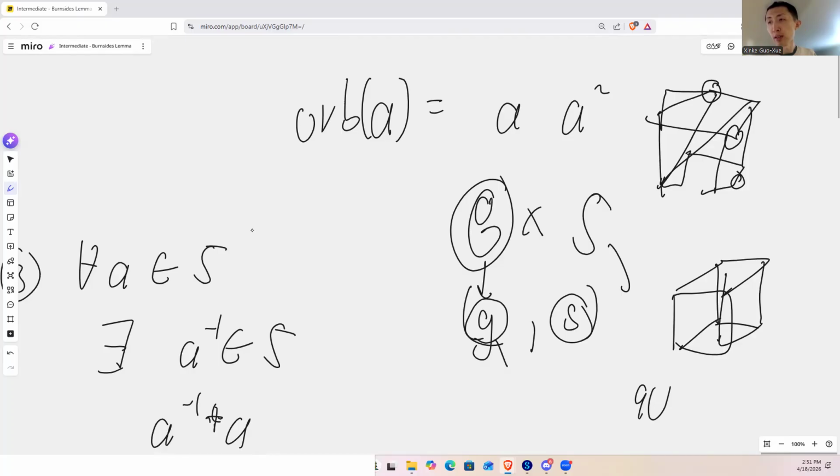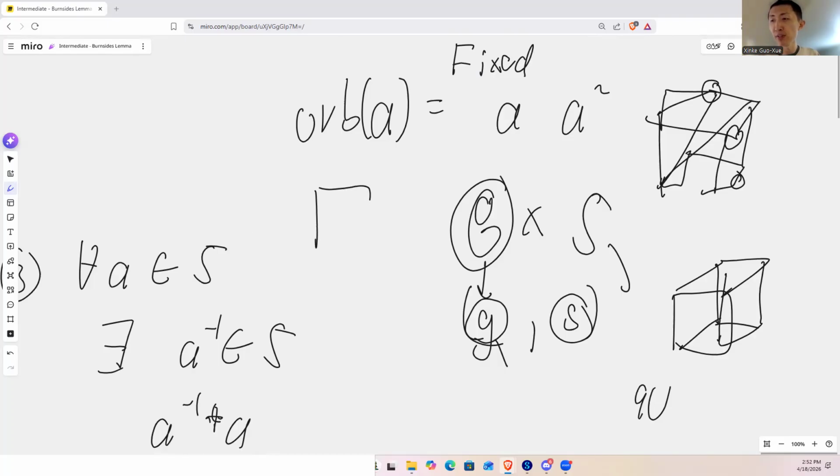So a point is called fixed if the group element acts on it like the identity.